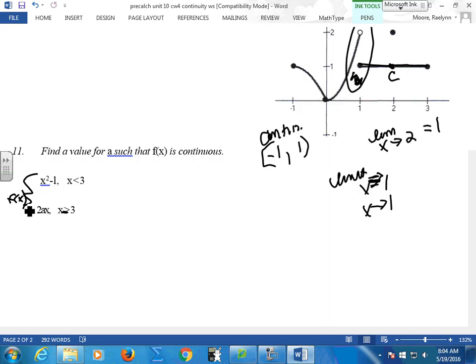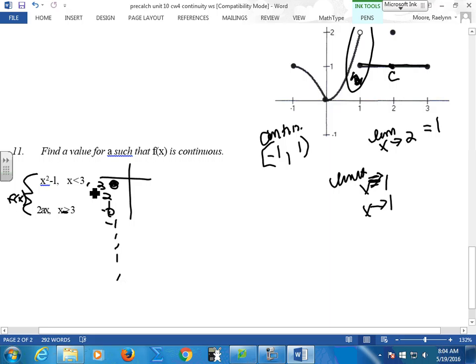What does it mean to you first that has to happen? Let's take this guy. Anything less than 3, so like 0, 2, all the way down. This guy's going to be open, right? This guy's going to start here and be closed.